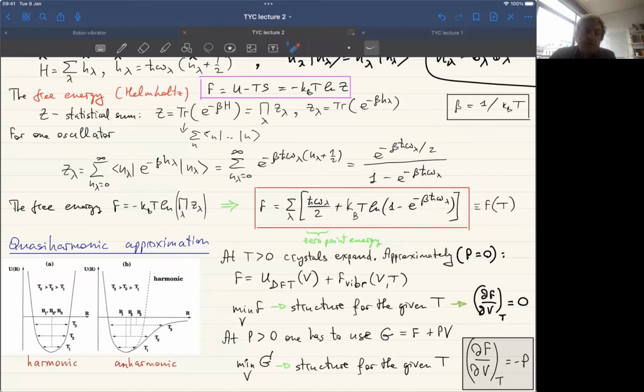You know that if we work within the harmonic approximation, our potential energy surface is harmonic, and therefore, if you increase the temperature, atoms still vibrate symmetrically with respect to the equilibrium position at zero temperature, and there will be no thermal expansion. In order to include thermal expansion into consideration, and we will have to do this if we would like to consider thermodynamics, we need to take account of the anharmonicity.